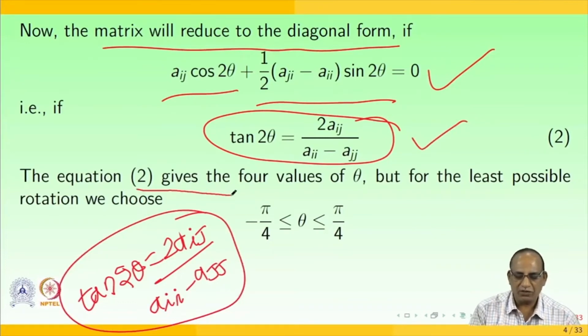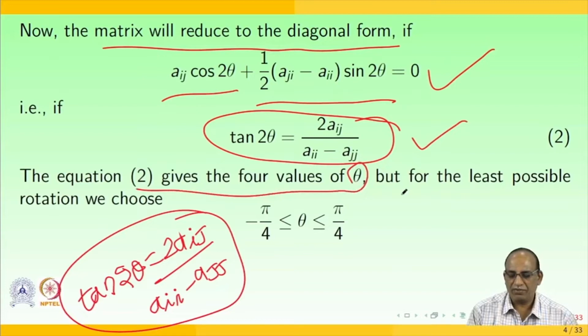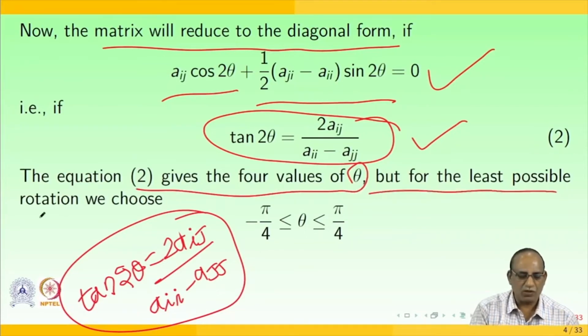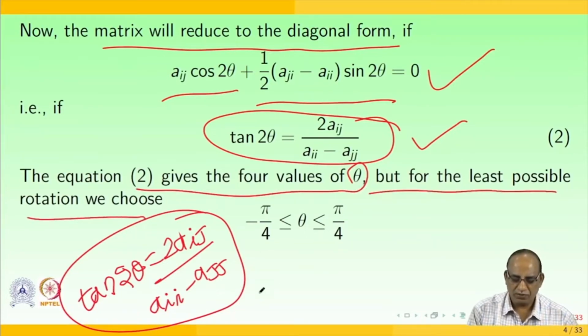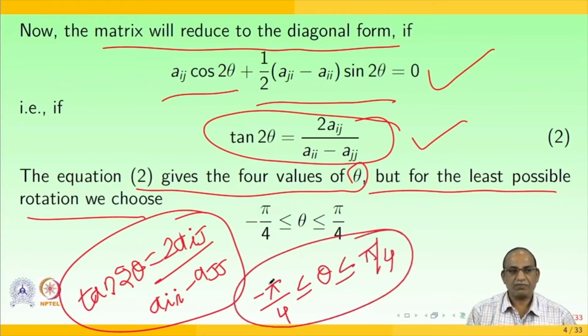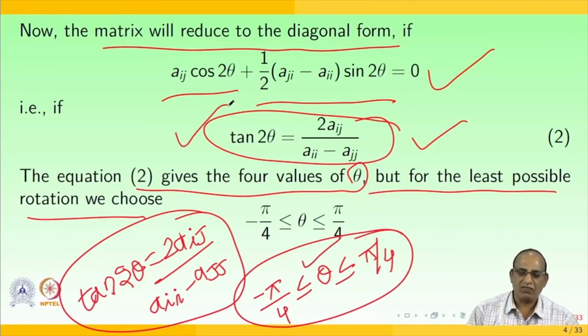The equation gives 4 values of theta, but for the least possible rotation we choose minus pi by 4 less than or equal to theta less than or equal to pi by 4. So the value of theta lies from minus pi by 4 to pi by 4, with tan 2 theta equal to 2AIJ upon AII minus AJJ.